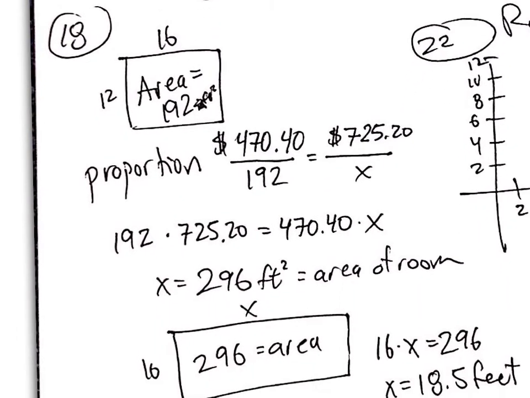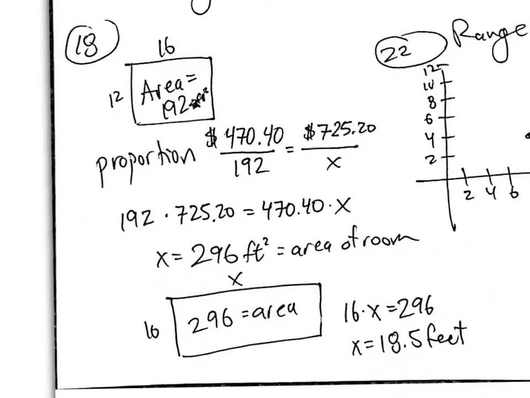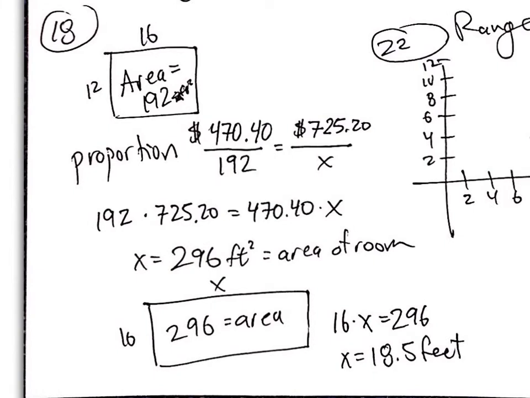Question 18, probably the most challenging on this practice test, says this: a carpet outlet advertises a price of $470 to carpet a 12-foot by 16-foot room. So we're given the area, basically. We have to multiply, but we're given the area and we're given how much it costs.